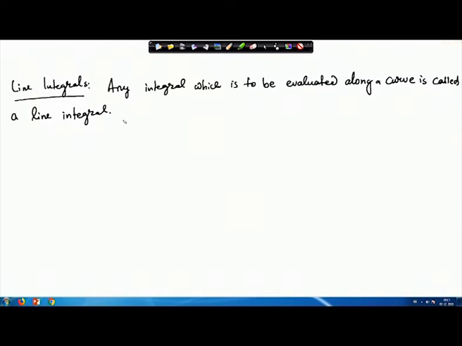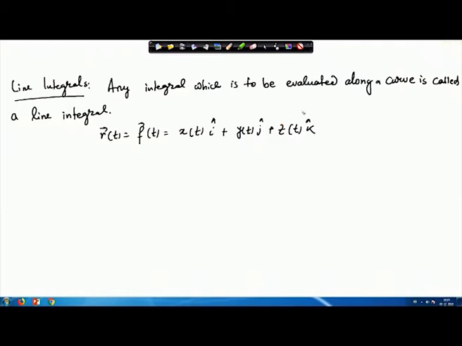Basically we know the equation of a curve. Suppose the equation of the curve is given by R(t) = f(t), which is x(t) i plus y(t) j plus z(t) k, with three components, be the given equation of the curve.